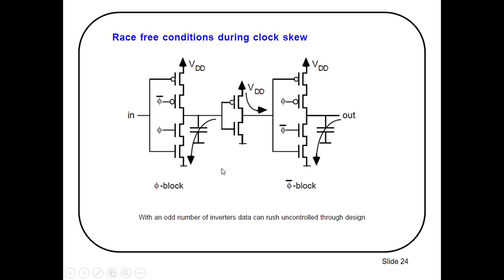Here we have placed an inverter between the two dynamic stages. This will make the race free condition during the clock sequence. This is the tri-state inverter here, and here we have placed a static inverter between the two dynamic stages.